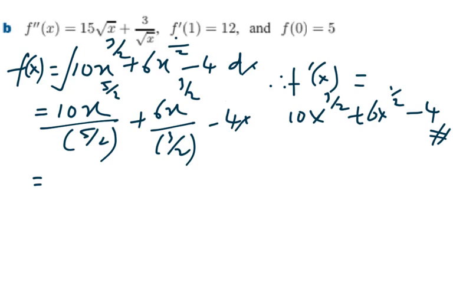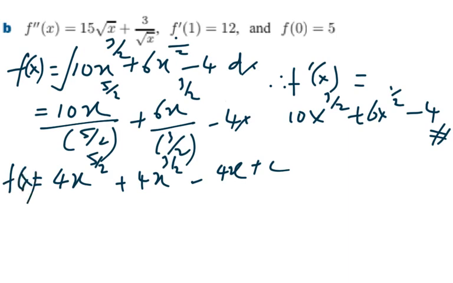Continue to simplify the equation. You will get 4x to the power of 5 over 2 plus 4x to the power of 3 over 2 minus 4x plus c.